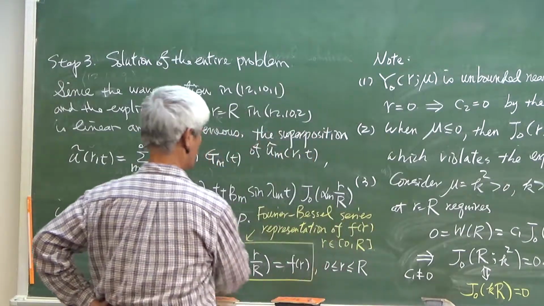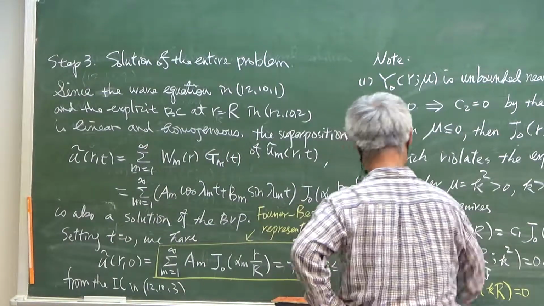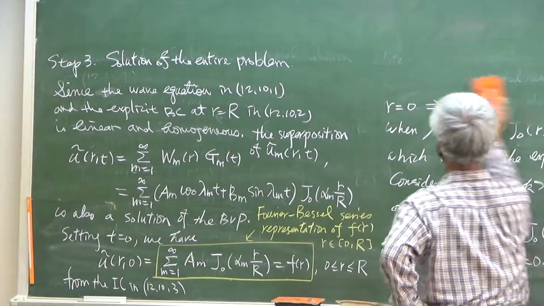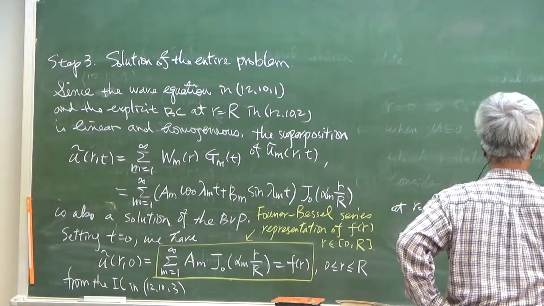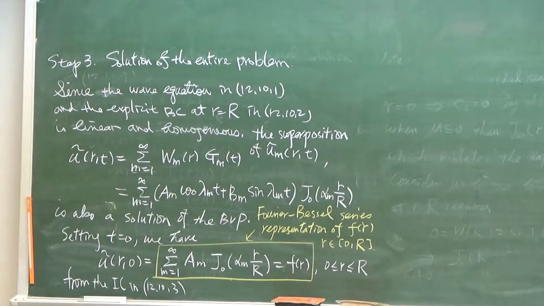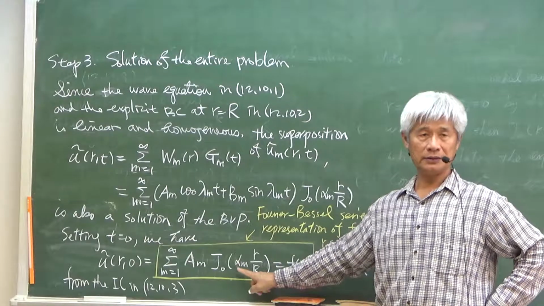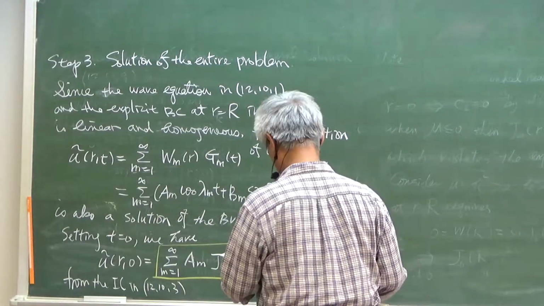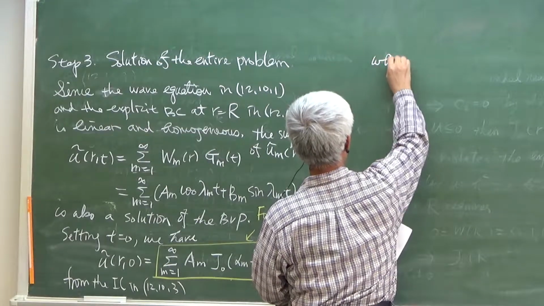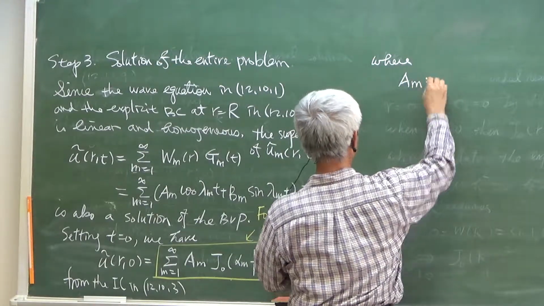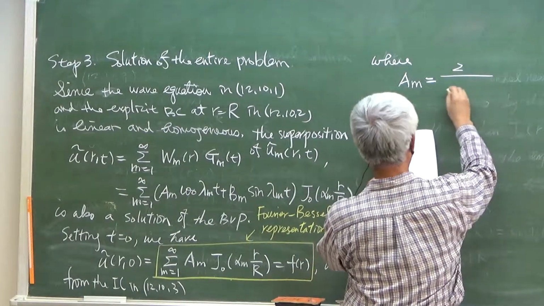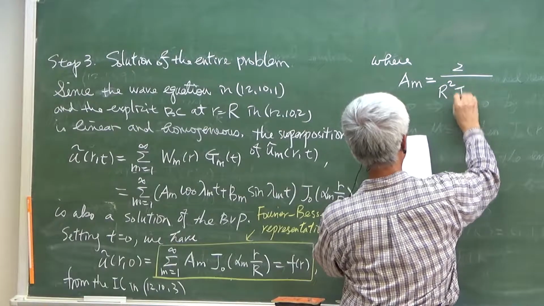Okay? And we know that this expansion is complete. And we know very well about the behavior of this series. Where a_m, so we can find the coefficient a_m by our formula.